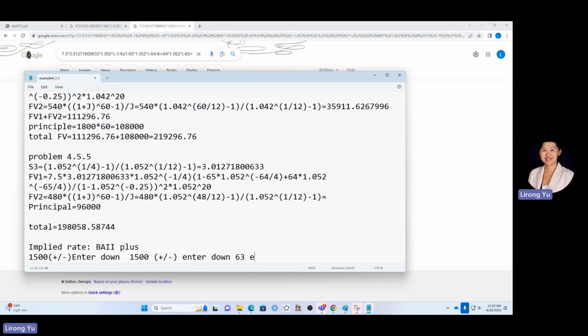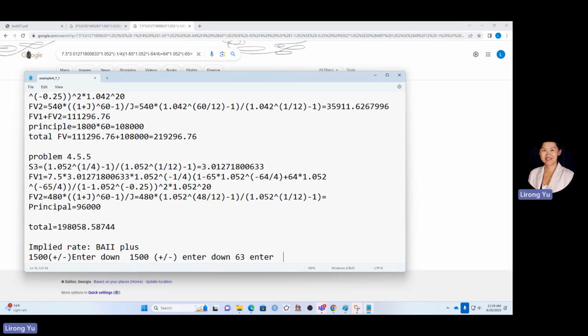So you put the frequency equal to 63. So the negative 1500 is being repeated 63 times. Actually it's 64 times, because your first payment is already 1500. So you're paying 1500, then you pay 63 more of 1500. That actually counts for 64 times.